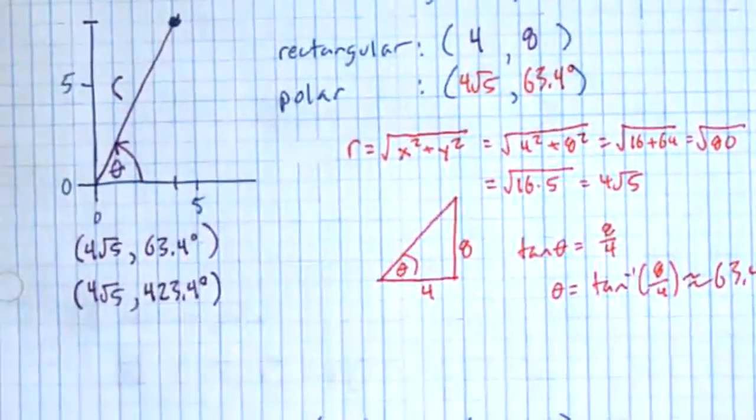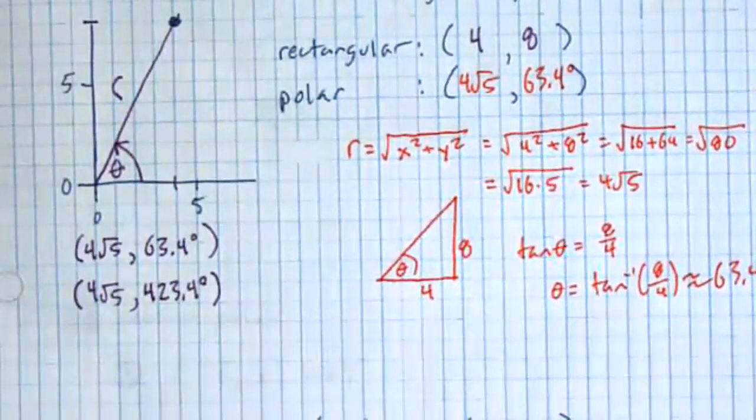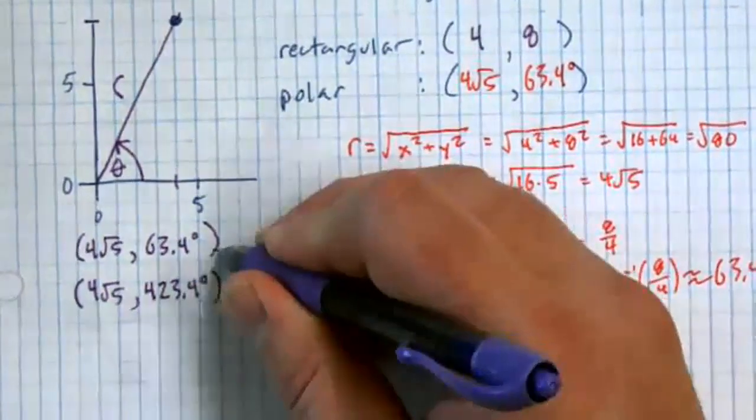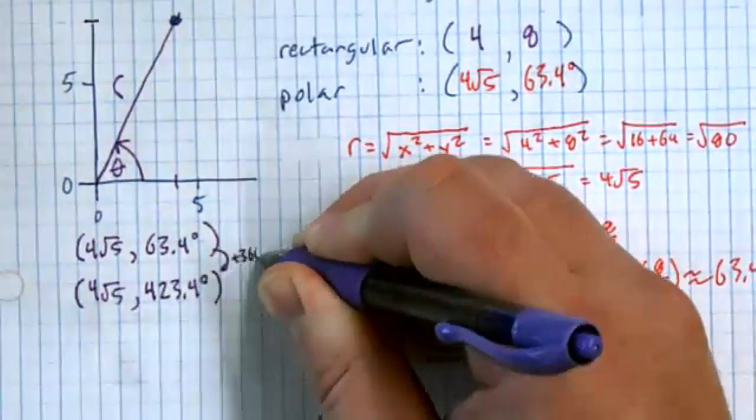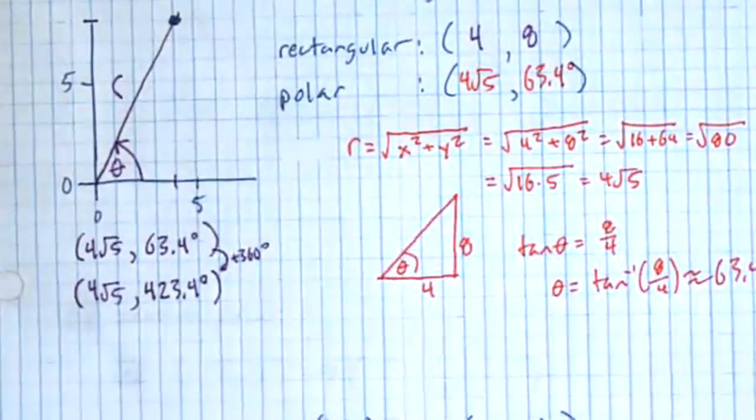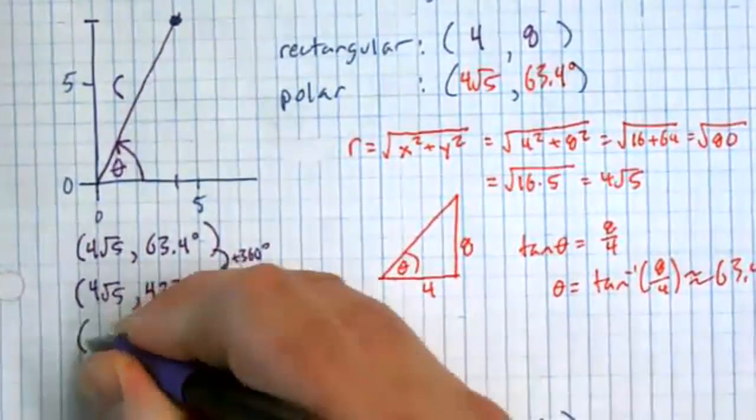How are we getting that 423.4? We could just do plus 360, right? Could you give me another one that would work?